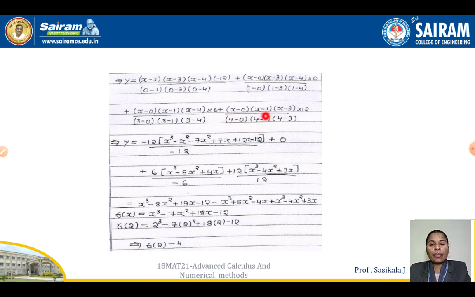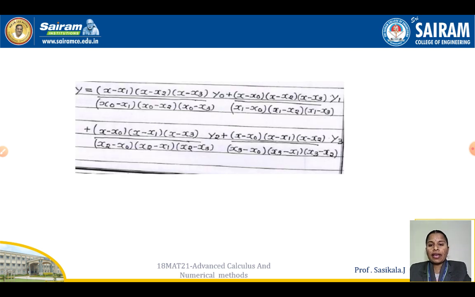So all the terms, I am going to make minus 12 as common. Then you can take an LCM and make it. Okay. First one. And the second one, since it is the term you have, you can simplify the term, you will get equations like this, and the last one you will get like this.